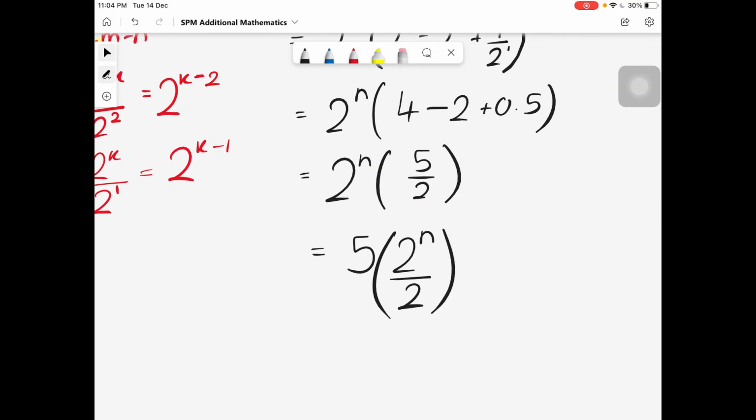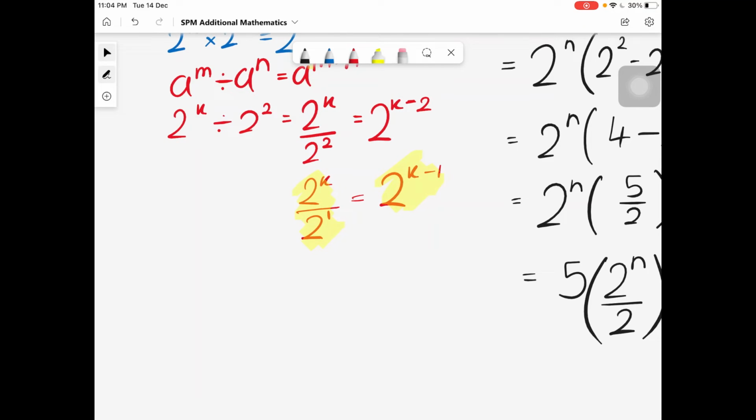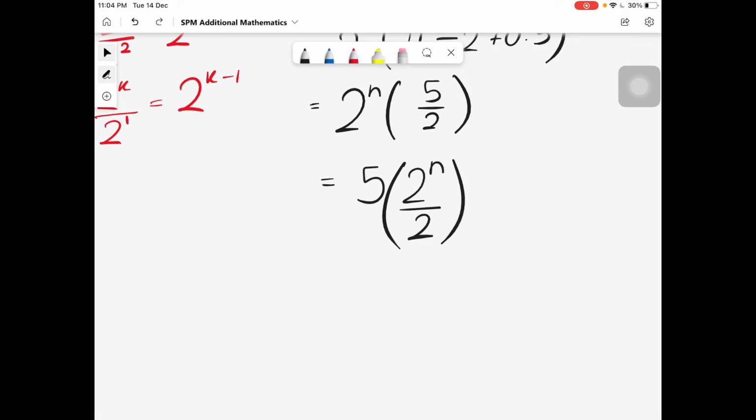Now remember in the beginning where I asked you about this identity, 2 power x divided by 2 power 1, and you told me that your answer was 2 power x minus 1. So using that same logic, we would use 5, then 2 power n, and because this is divide, we use identity number 3, and since this is 2 power of 1, can we say it's 2 power n minus 1?